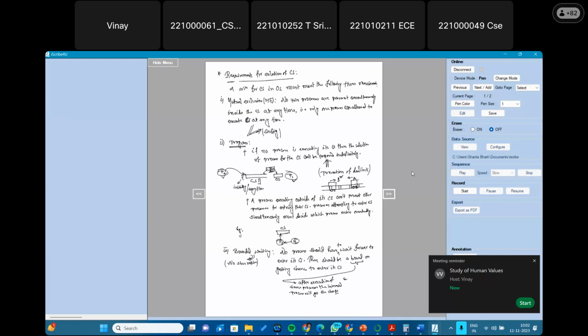So for example, after 100 processes execute their critical section, the process P1 will execute its critical section, right?